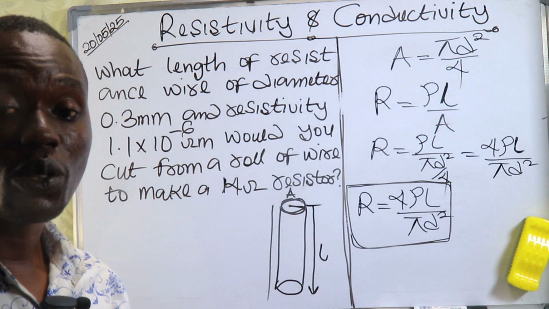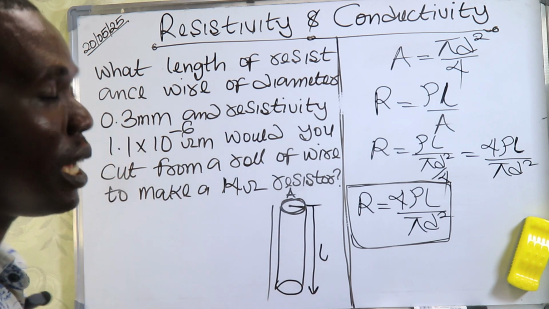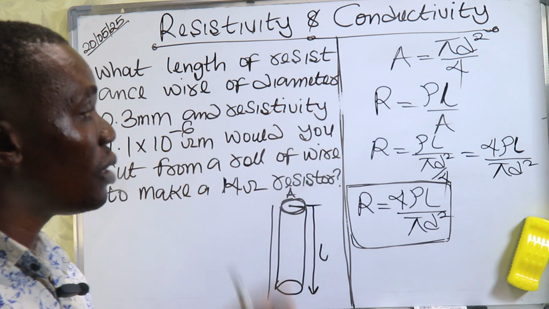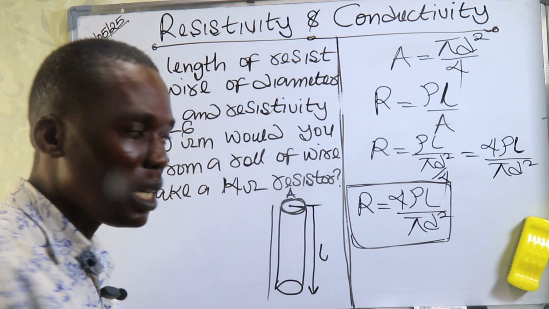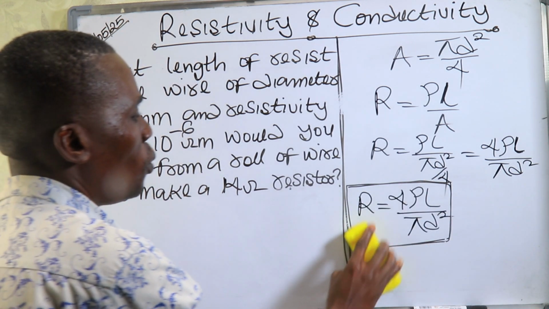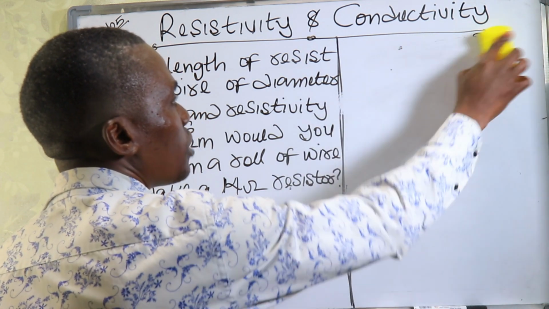So for this kind of question, where they give us the diameter of the wire, this formula we will use. After we have explained all these things, we will use the formula to solve that question.